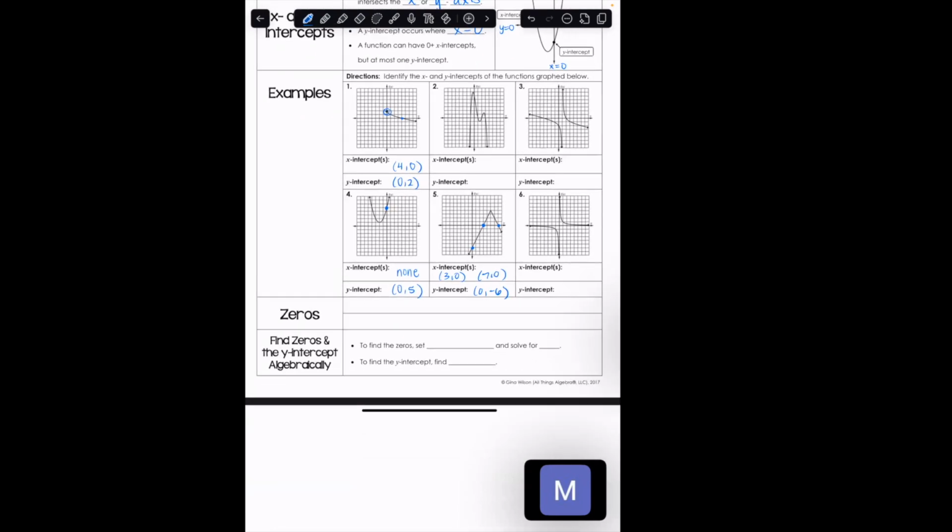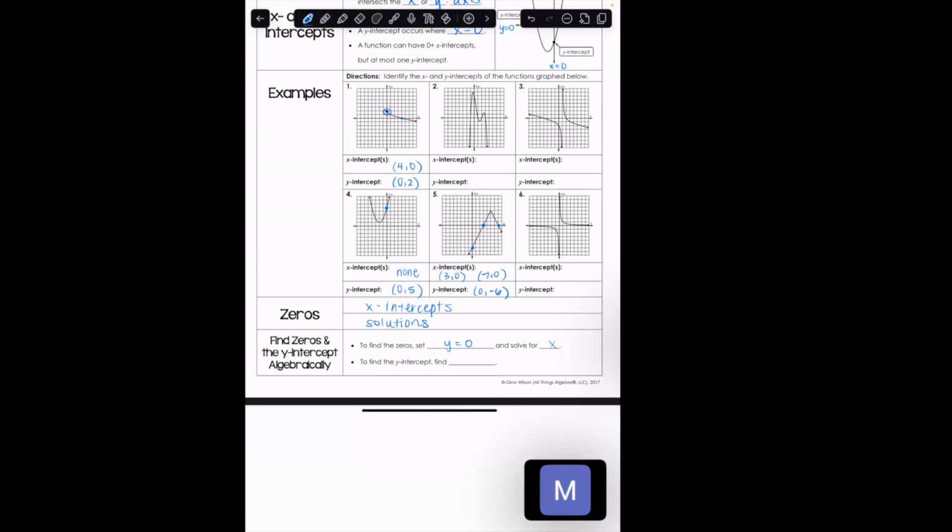Okay, so another word for zeros is x-intercepts. Or you'll hear them called the solutions to the equation. And then to find the zeros and the y-intercept algebraically, to find the zeros, you set your y equal to 0 and solve for x.